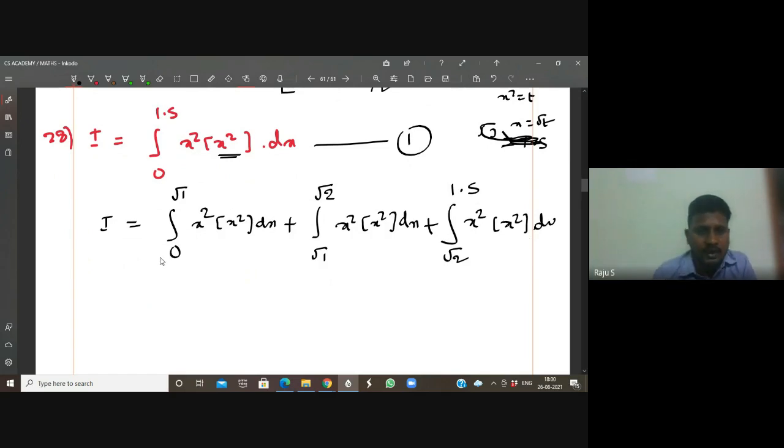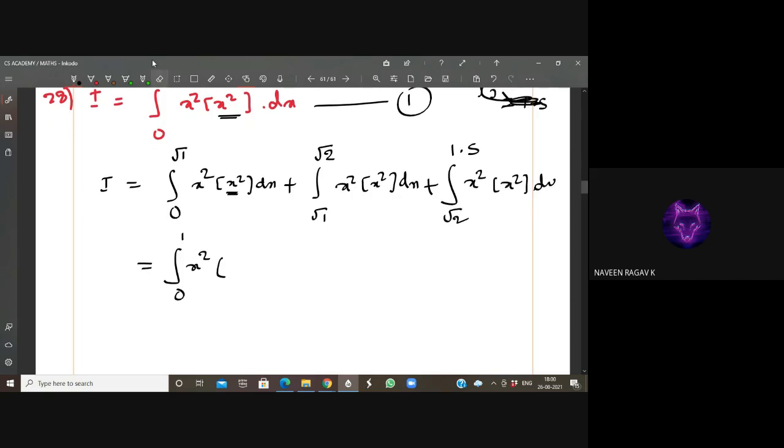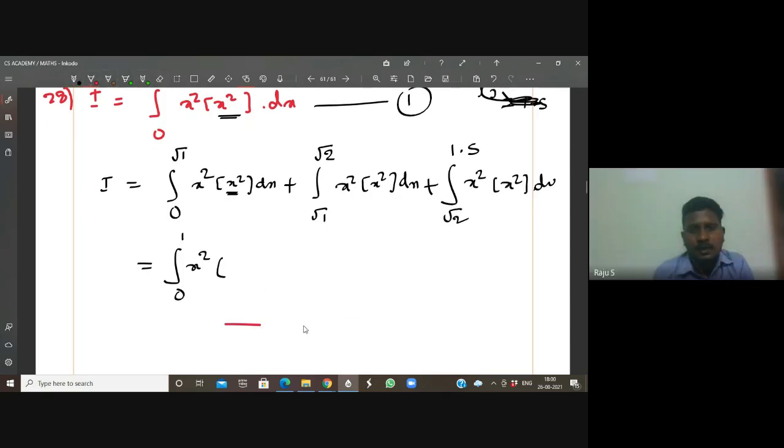Now, when I substitute the value in place of x from 0 to 1, what about the greatest integer of x square? On the real line, 0 will be there, 1 will be there, 2 will be there, 1.5 will be there. 1.5 square means 2 point something.